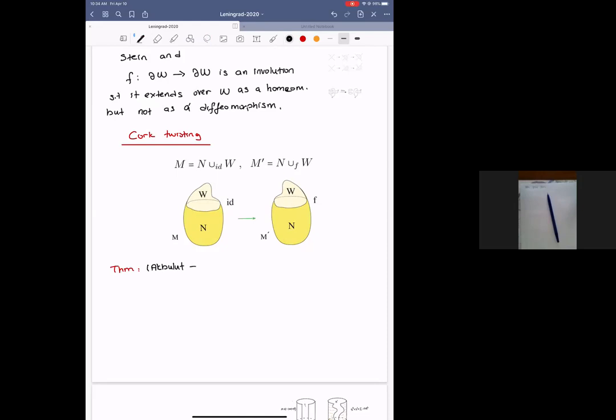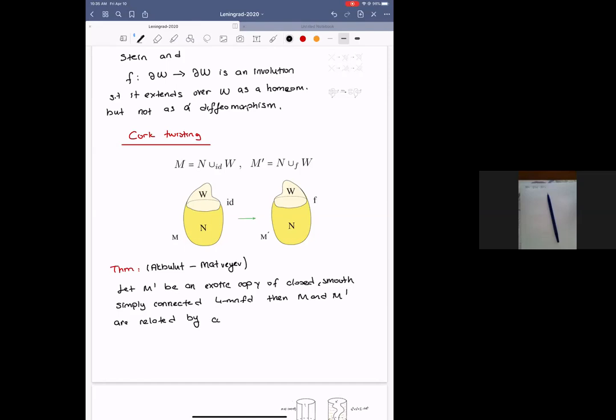This is Salman Akbulut and Slava Matveyev. Let M prime be an exotic copy of a closed, smooth, simply connected four-manifold M. Then M and M prime are related by crop twisting, as a ball.